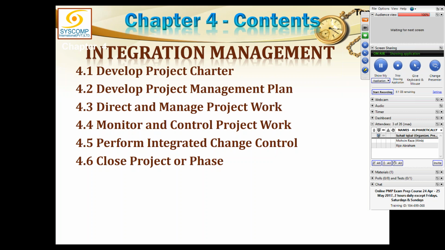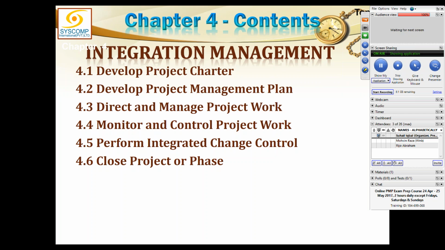So where are the change requests coming from? They are coming from execution. Within monitoring and control, they are coming from each control, and they are also being generated in a holistic manner from monitor and control project work. All these change requests are to be processed now.